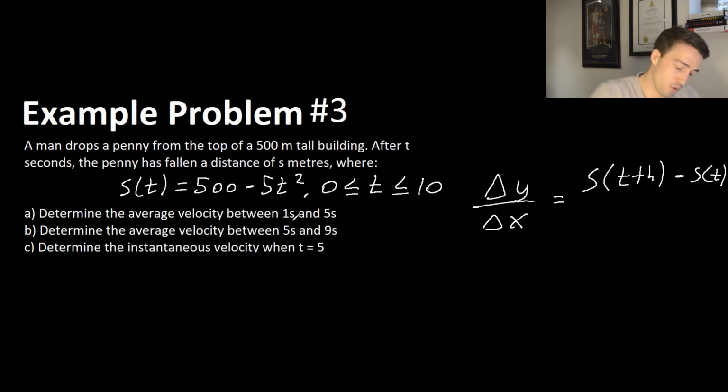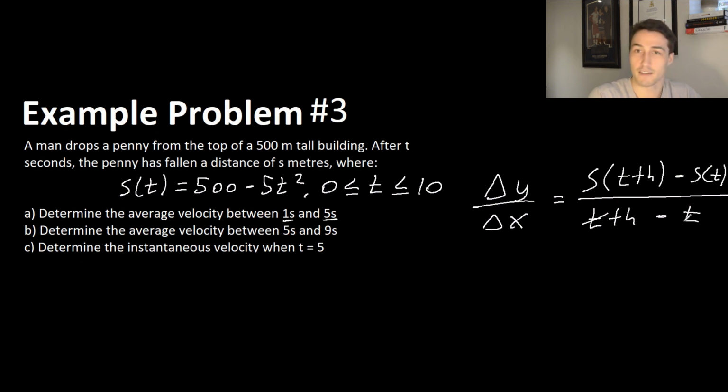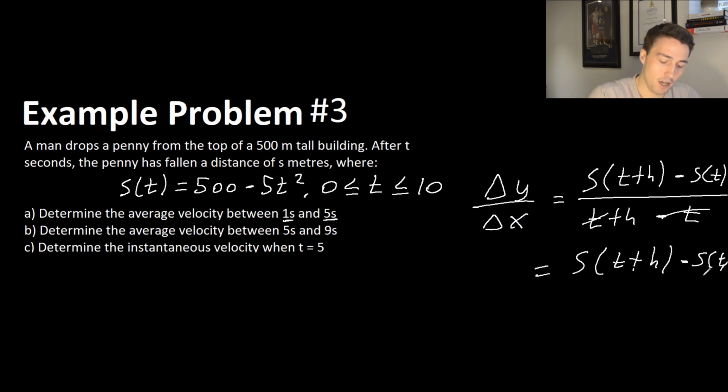So in this case, we would do between 1 second and 5 seconds. And then divided by, this would be t plus h minus t. And that's why this positive t and this minus t are going to cancel. So that's why we end up just getting s of t plus h minus s of t all over h, because these two terms cancel out. And this would be the definition of the average rate of change.